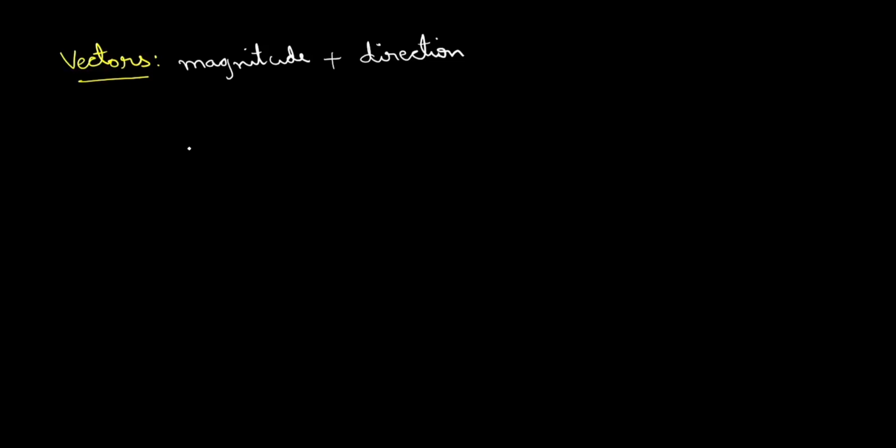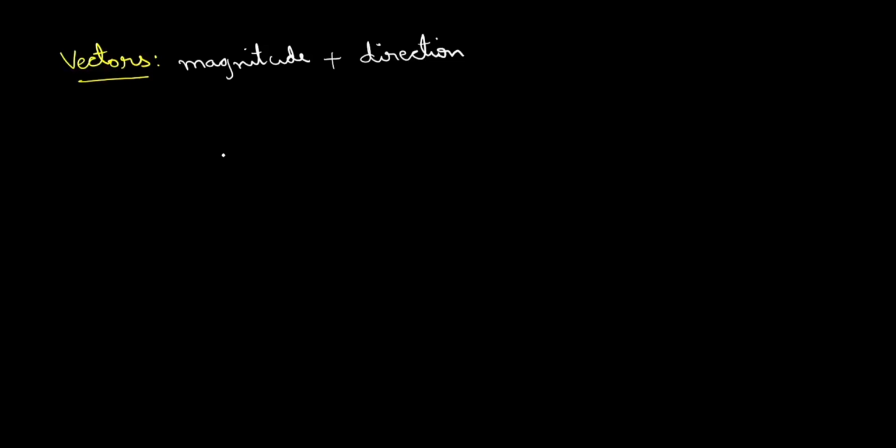We have to be precise in asking those questions, like displace the particle from that point by 5 meters towards east or west, north or south, so that the person can move the particle in a certain direction. So now it has a complete meaning.